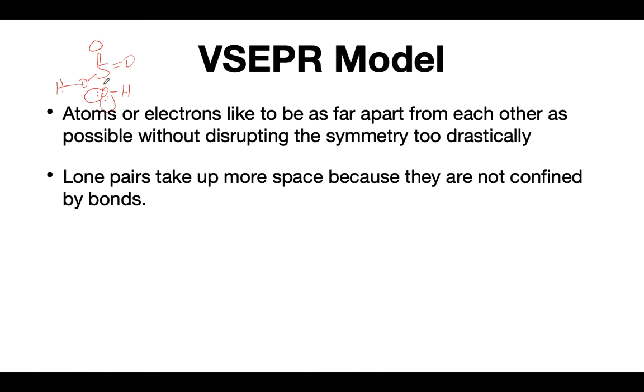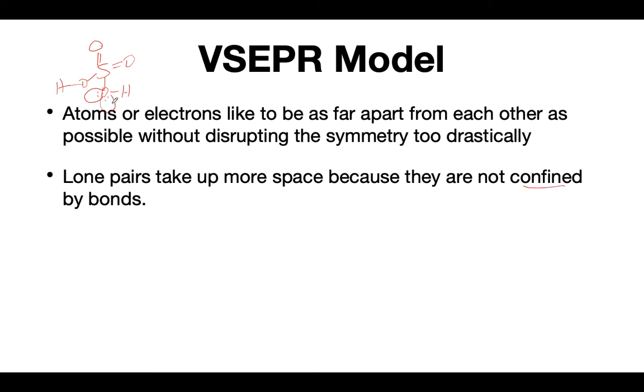In terms of the bonding pairs, one pair of electrons will be confined between the sulfur and the oxygen. Likewise, this pair of electrons will be confined between the oxygen and the hydrogen, because that's the covalent bond that links the two atoms together, right? And in this case, for the non-bonding electrons, there's no additional atom coming to share this pair of electrons. So they are not confined by bonds.